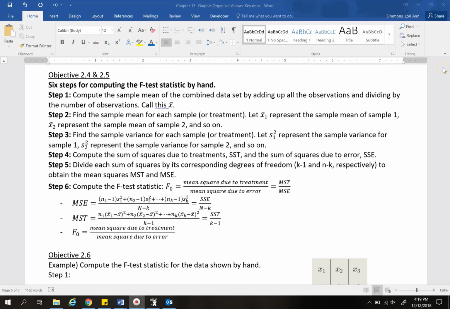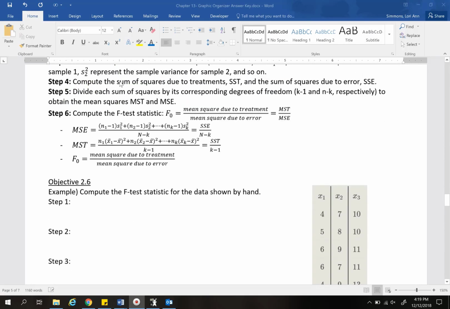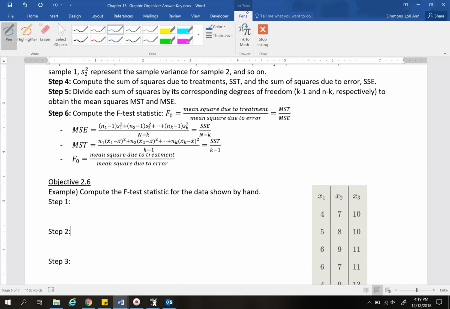Here are the 6 steps for computing the F-test statistic by hand. Step 1 is compute the sample mean of the combined data set by adding up all the observations and dividing by the number of observations. Call this X bar. So let's do that right now. Add up all these values and then divide by the number of values.